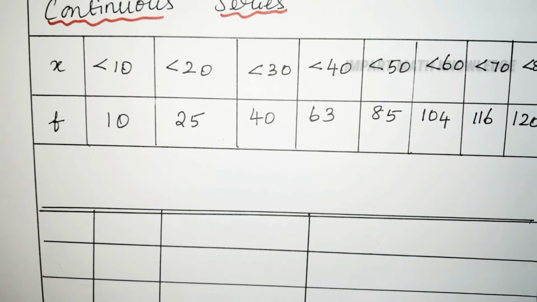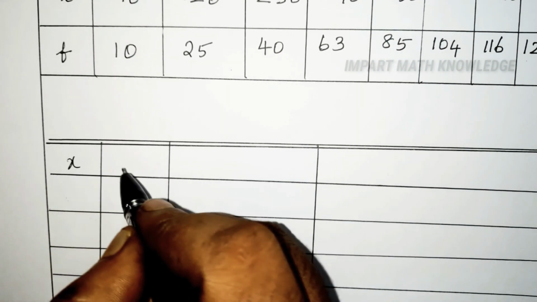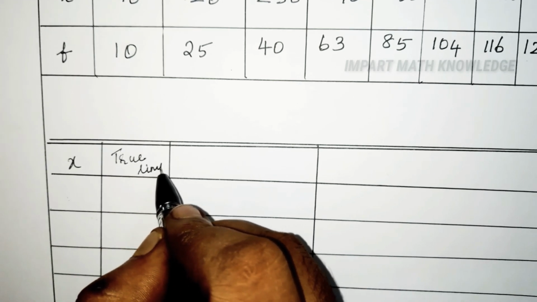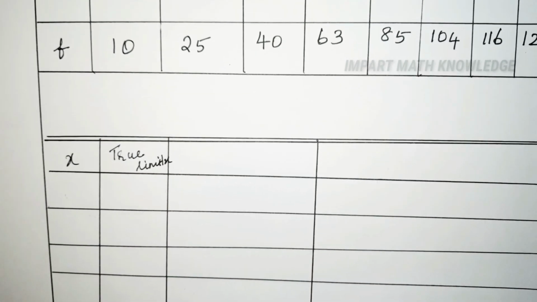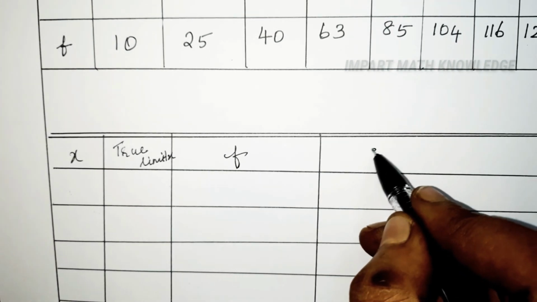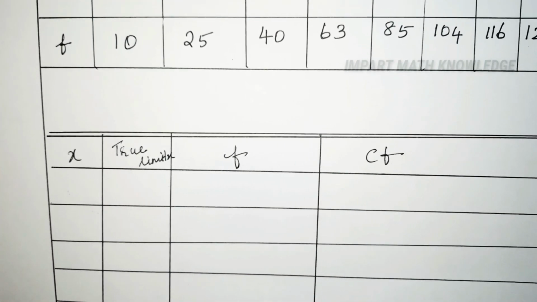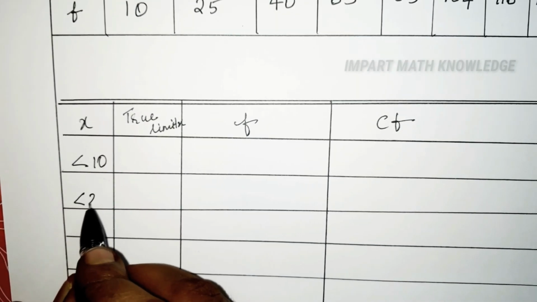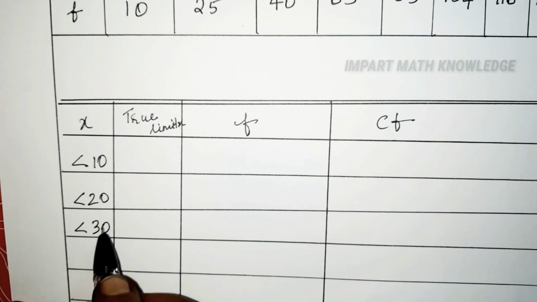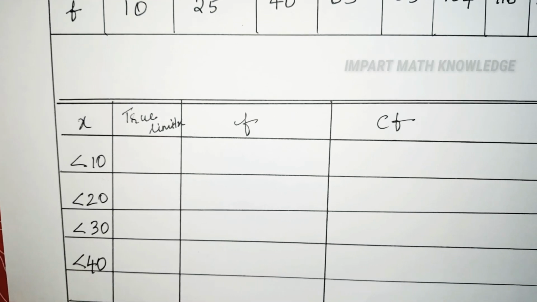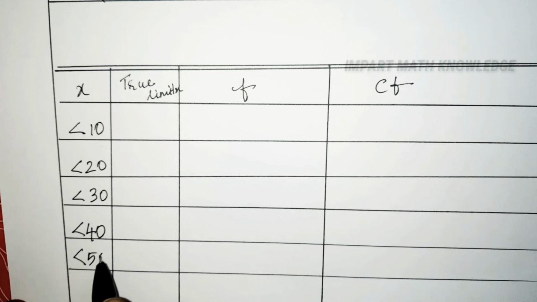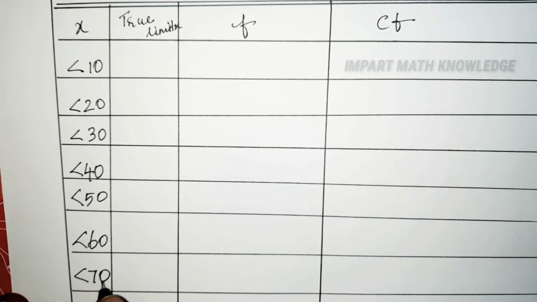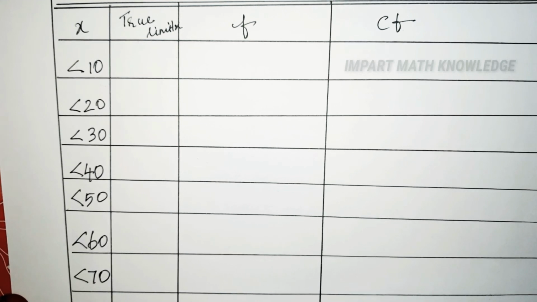So we have to write the true class limit first. X true limit, then frequency, then cumulative frequency. First you have to find the true class limit. Less than 10, less than 20, less than 30, less than 40, less than 50, less than 60, less than 70, less than 80.